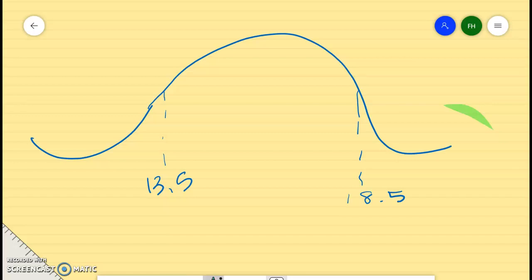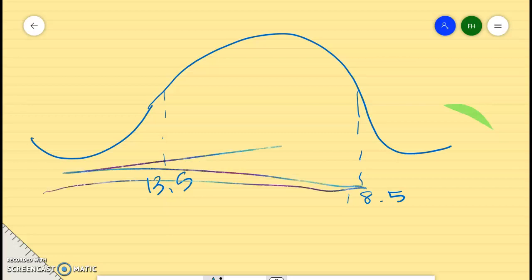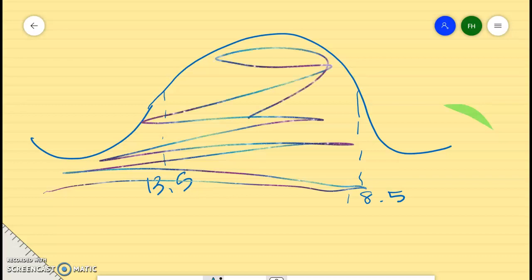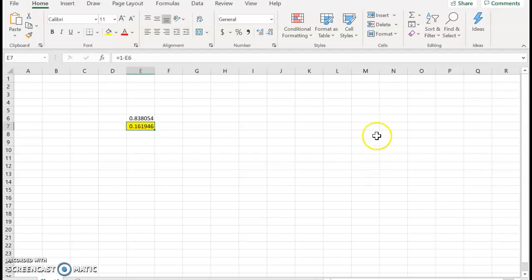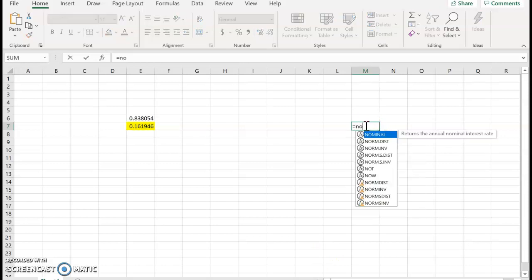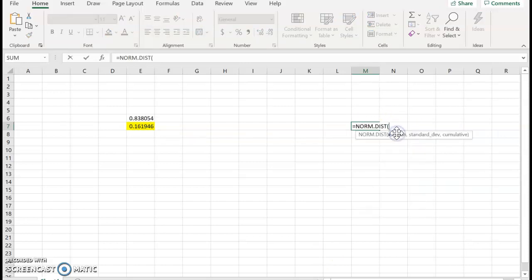Now, when we put this into Excel, first we're going to find the probability all the way up to 18.5. So let's do that. Equals NORM.DIST. This time x is going to be 18.5. Your mean is still the same, 18.09.